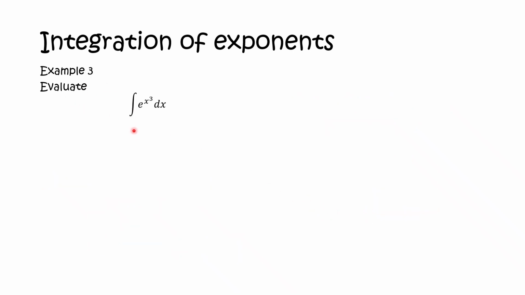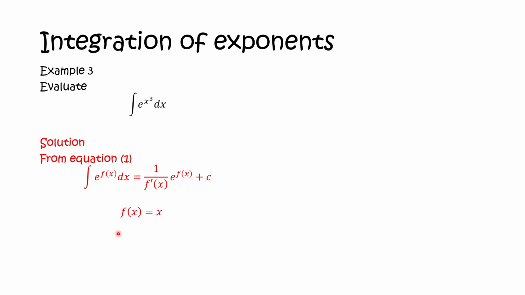With example 3, we have e to the x cubed, and our solution, we are saying that from equation 1, recall, we have to identify what our f of x is, because we would need to differentiate that. So in this case, our f of x is x cubed, and we know from differentiation that f prime of x is going to be 3x squared.